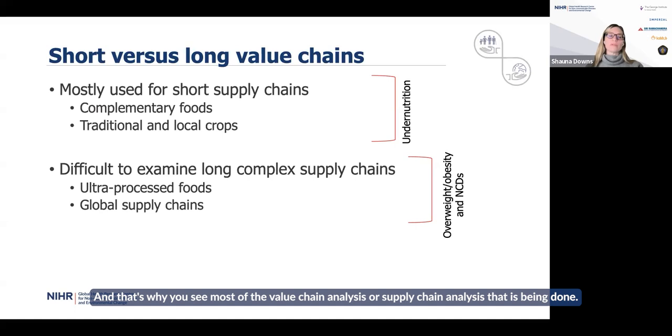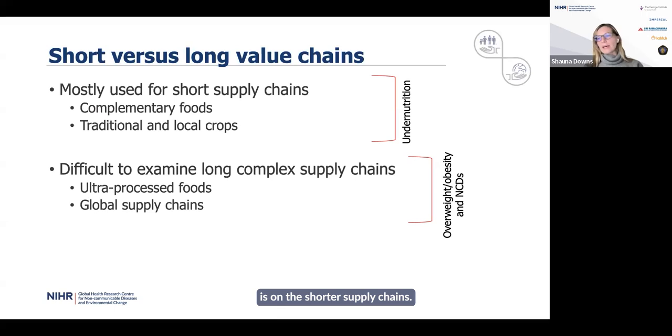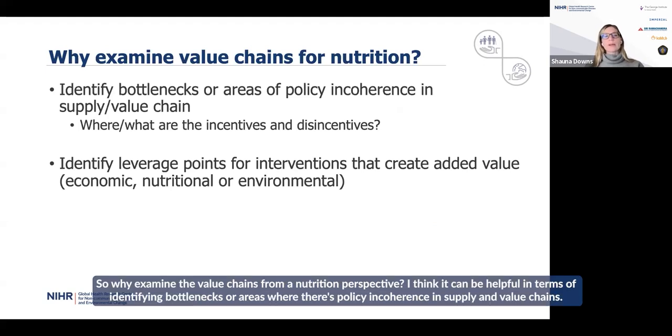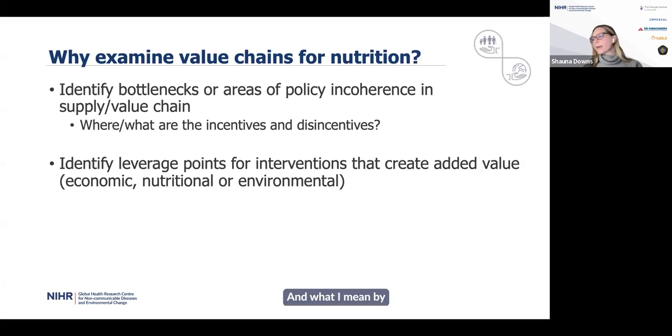And that's why you see that most of the value chain analysis or supply chain analysis being done is on the shorter supply chains. So why examine the value chains from a nutrition perspective? I think it can be helpful in identifying bottlenecks or areas where there's policy incoherence in supply and value chains.